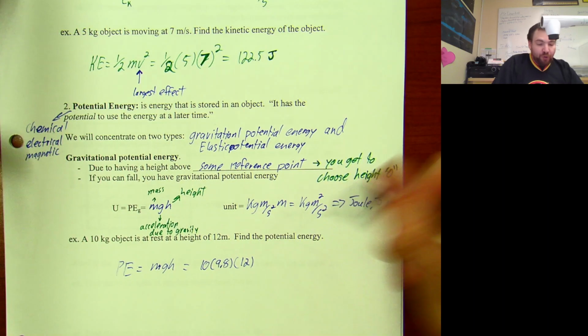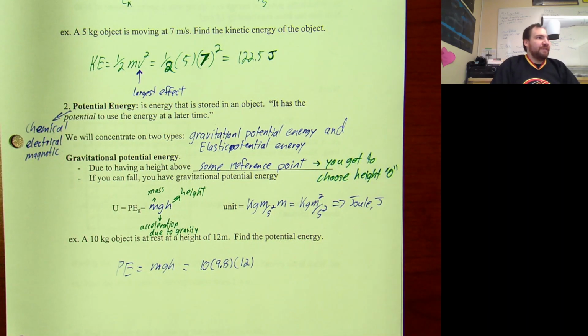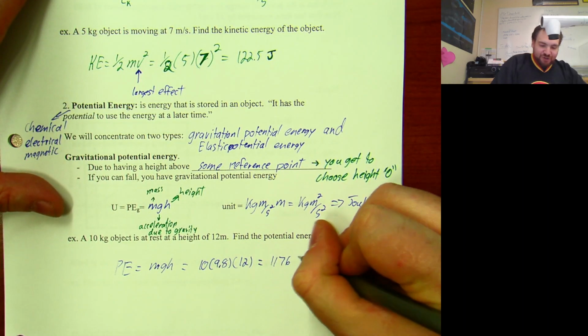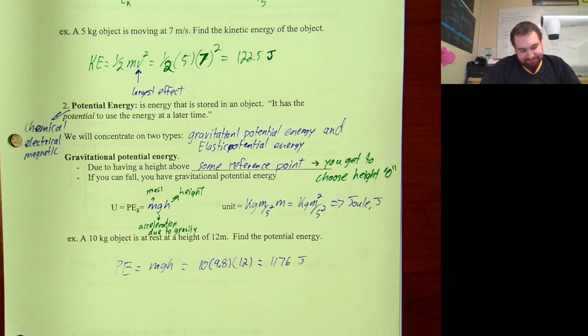And our height, we're told, is going to be 12. It's not giving us an option to choose a reference point. Manuel, what's the value? Which is going to be 1,176 joules. That's it. Nice and easy.